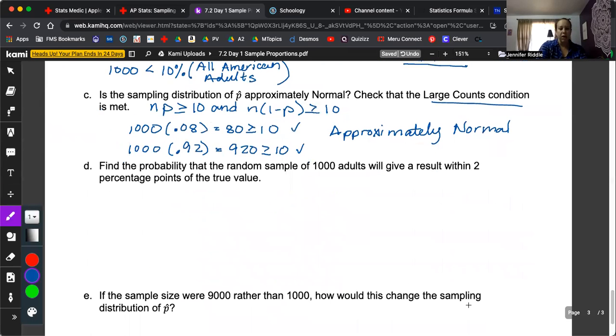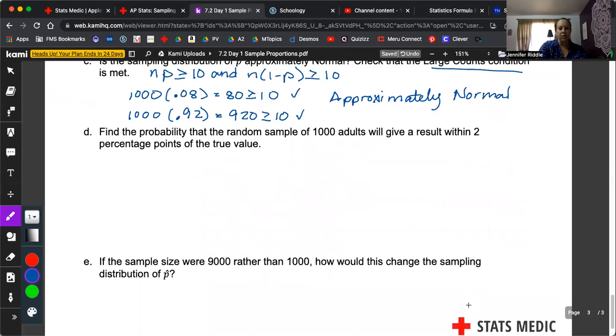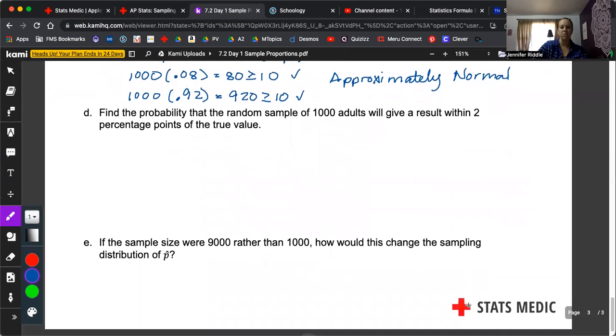In part D, we're asked to find the probability that the random sample of 1,000 adults will give a result within 2 percentage points of the true value. Our true value is 0.08. So within 2 percentage points, 2 percentage points below would be 0.06, and 2 percentage points above would be 0.10.